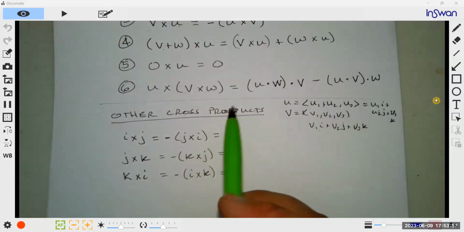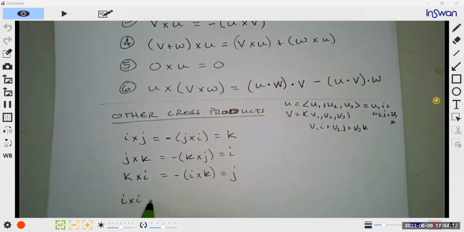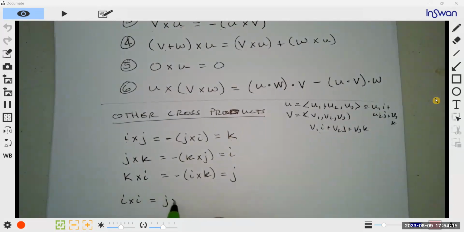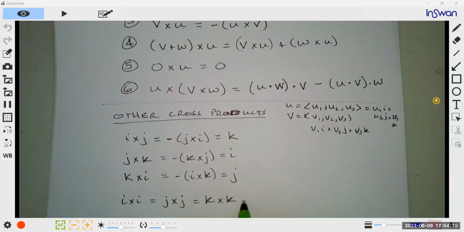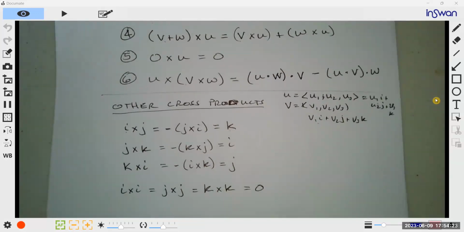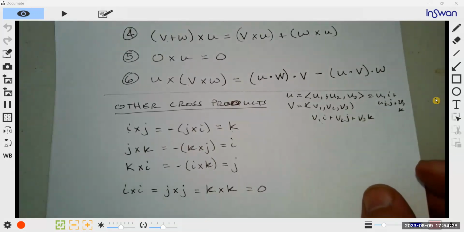So whenever you do cross products, whenever you have an i cross j, it becomes k, and likewise for all the other ones. I cross i is the same thing as j cross j, same thing as k cross k, and those equal 0. I'll try to find an example where we could do this the long way.